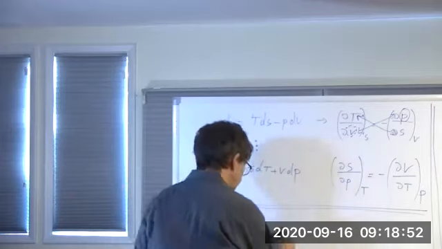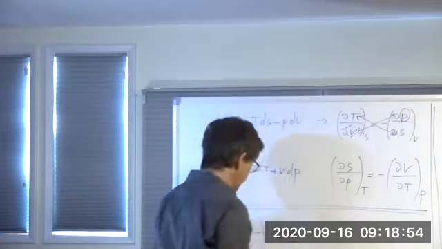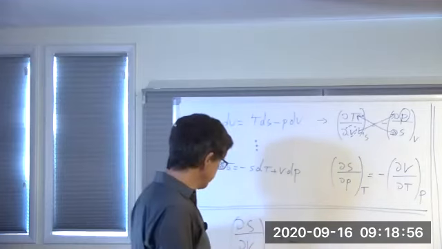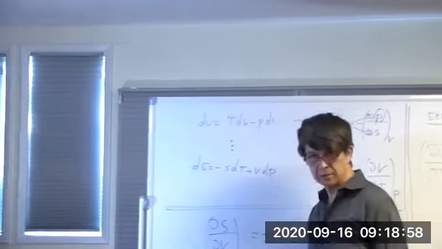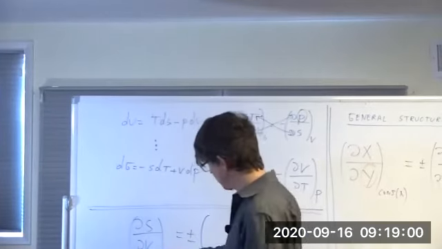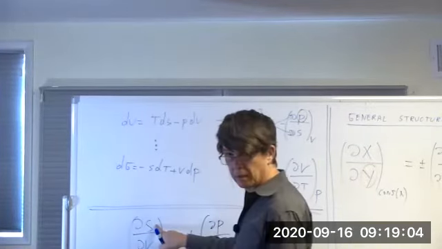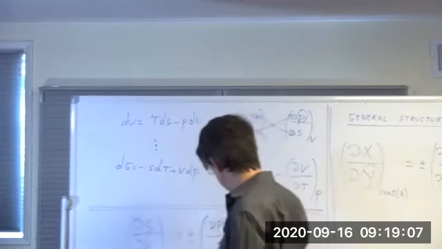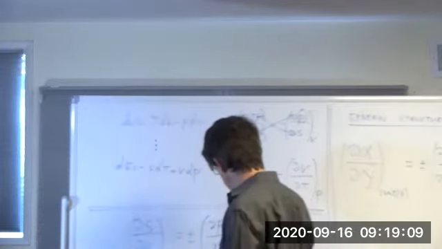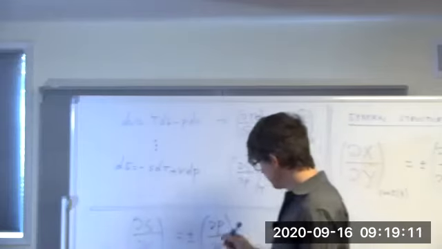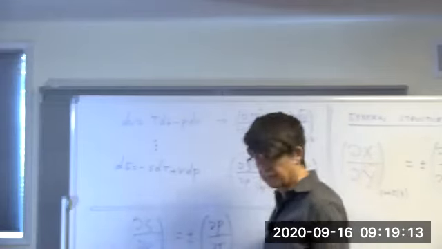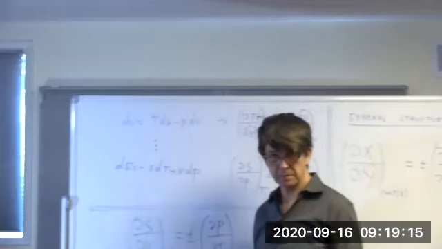Without even looking at your cheat sheet, you know what this is going to be equal to, right? This is plus or minus the conjugate of that, so that's p, and the conjugate of that, so dp dt, and I have to keep the conjugate of this constant, so v. So I've just written out what the Maxwell relation is, right?